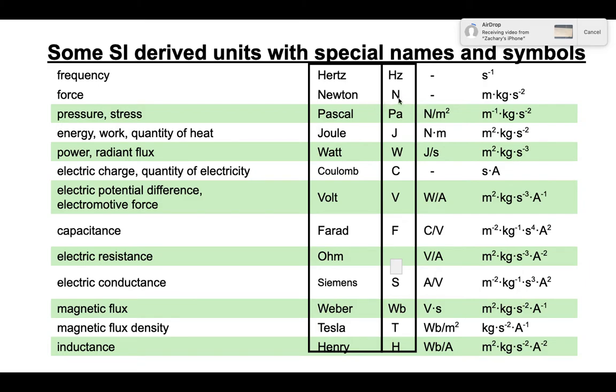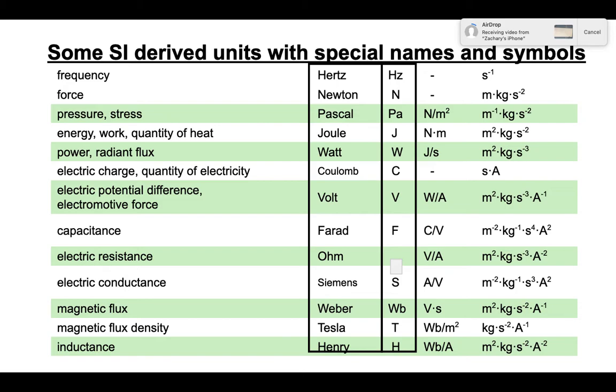So, in order to make life a little bit easier, there are derived units that have been given special names. Much easier to say newtons, 500 newtons rather than 500 kilogram meters per second squared. So you can't just assume anything with a name is a base unit. You need to memorize those 5 base units: meters, kilograms, seconds, amperes, and Kelvin.